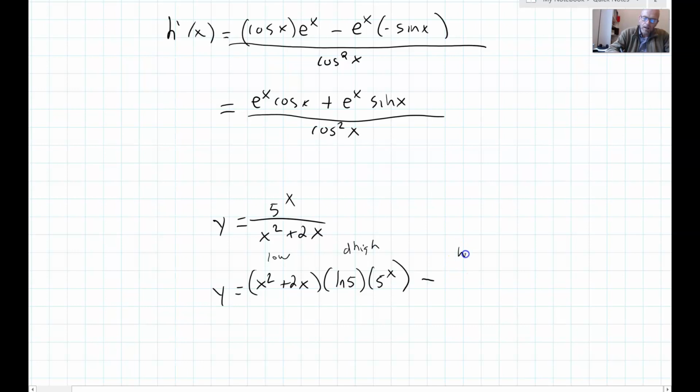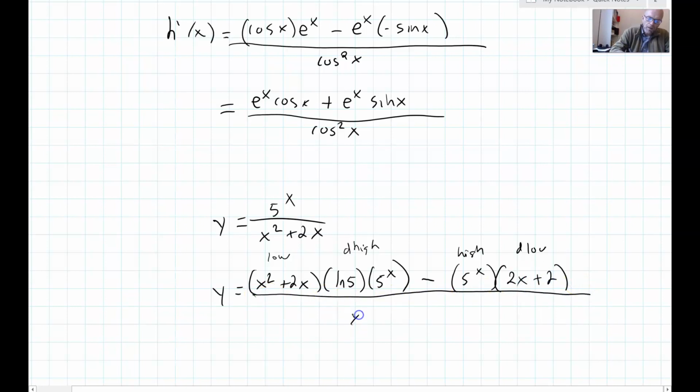Minus high, which would just be 5 to the x, and then d low, that would be 2x plus 2. And on the bottom, we have low squared, which would be x squared plus 2x, squared.